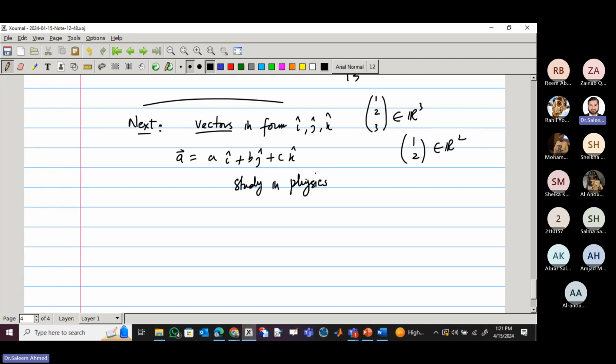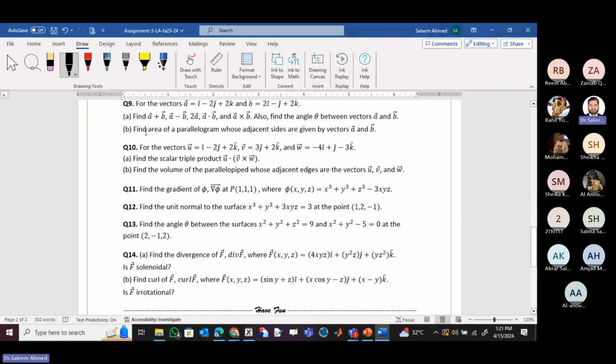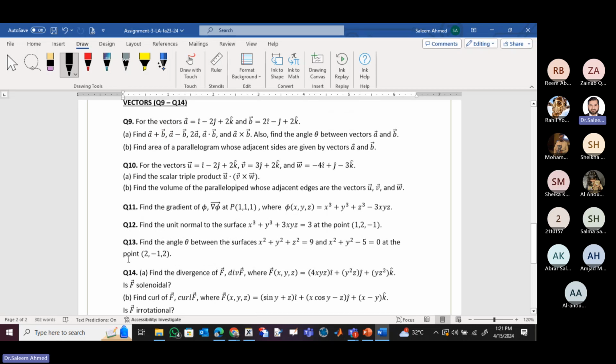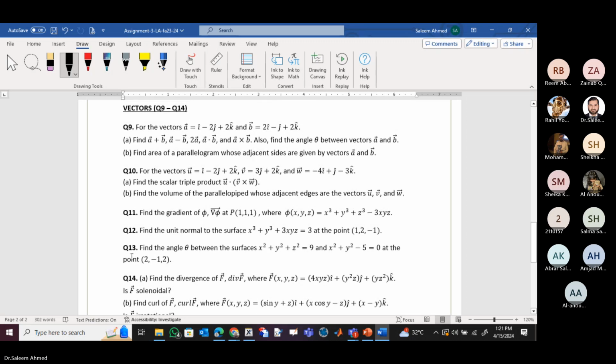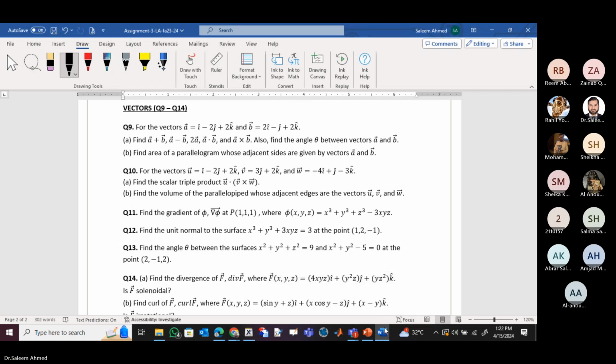So I will show how to add vectors, subtract vectors, multiply vectors, how to find the angle between vectors, and different things related to vectors using this form. That will take care of the second part, the next 6 problems: 9, 10, 11, 12, 13, 15. One lecture may be enough, or maybe 2 lectures, I don't know.